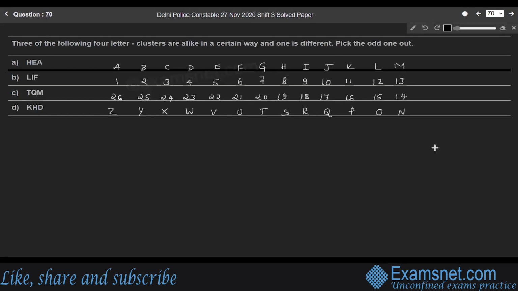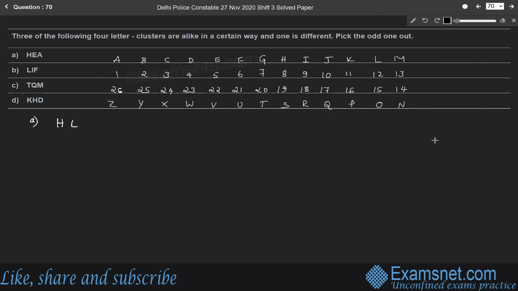Question 70. Three of the following 4-letter clusters are alike in a certain way and one is different. Pick the odd one out. The positional values of the alphabets are written here. Option A, H, E, A. The logic is, the positional value of H is 8, whereas E is 5.